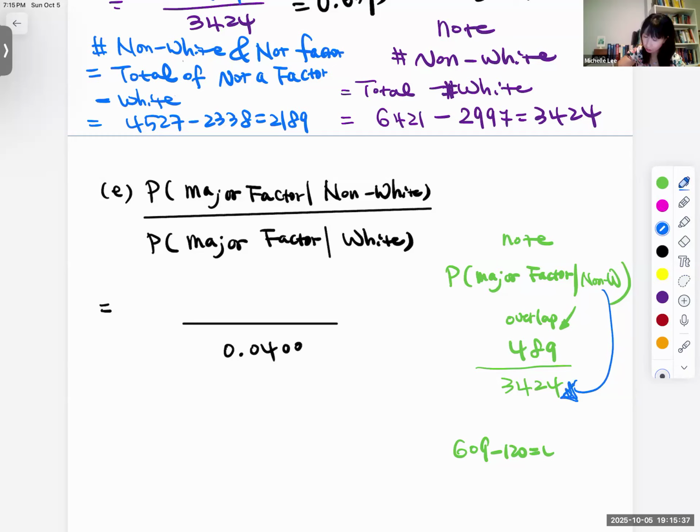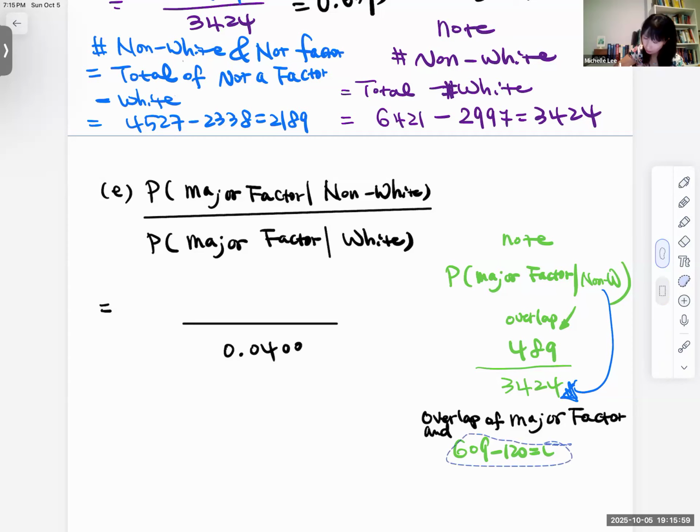Non-white, we know. Okay, so this is overlap of major factor and non-white.